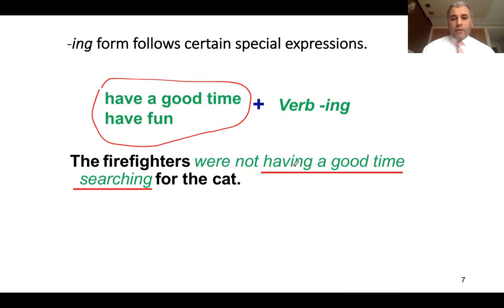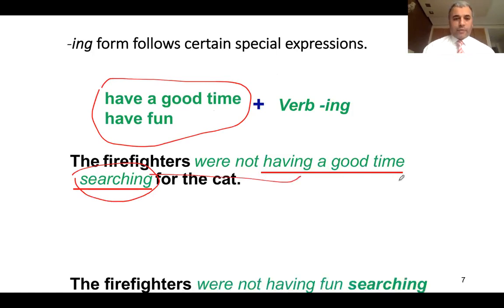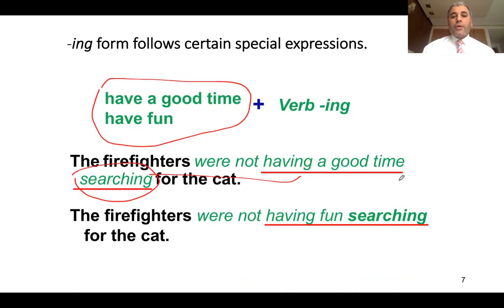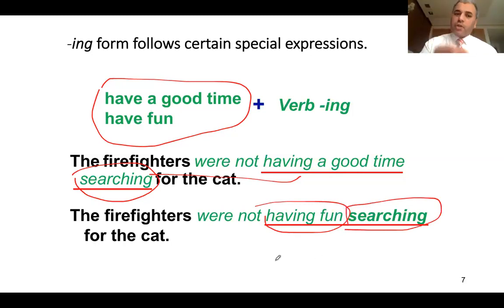Okay, so here you have a good time searching. You see searching here, it is a gerund following this expression, have a good time. The firefighters were not having fun searching. So we have the next expression here, have fun, again followed by a gerund. So these are expressions that you need to remember, whenever you have them, they are followed by a gerund.